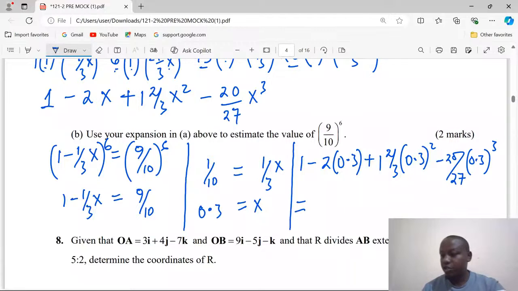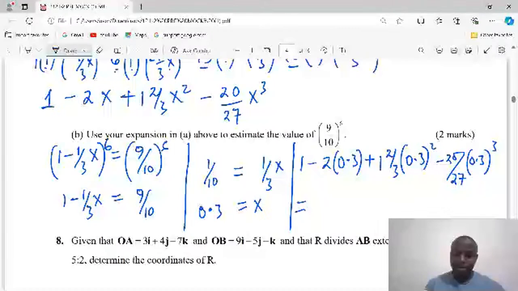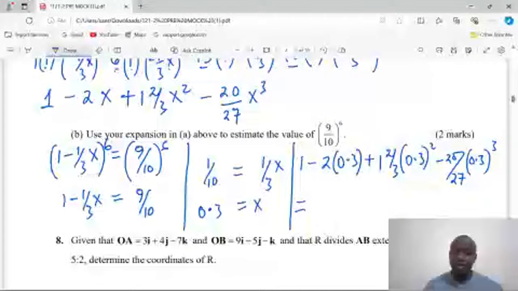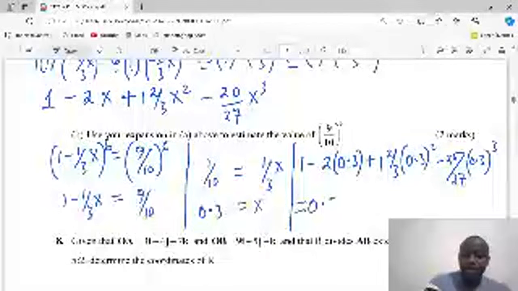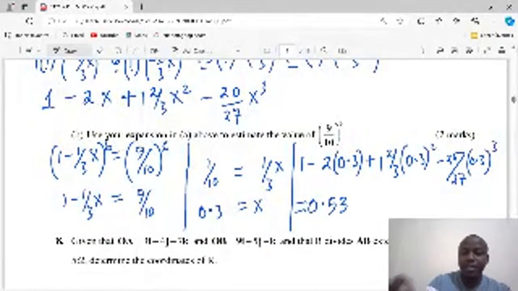This is equal to, let me expand, 1 minus 2 into 0.3. Then I add 1 and a third multiplied by 0.3 squared. Then I subtract 20 over 27 into 0.3 cubed to give us exactly 0.53. So that is what the expansion is giving us.